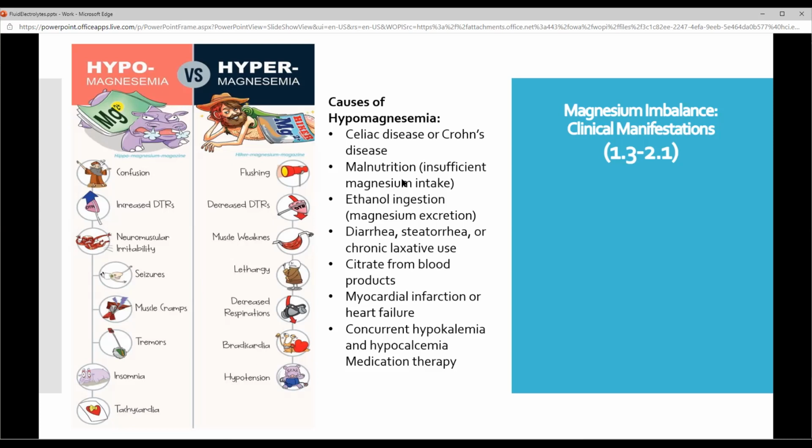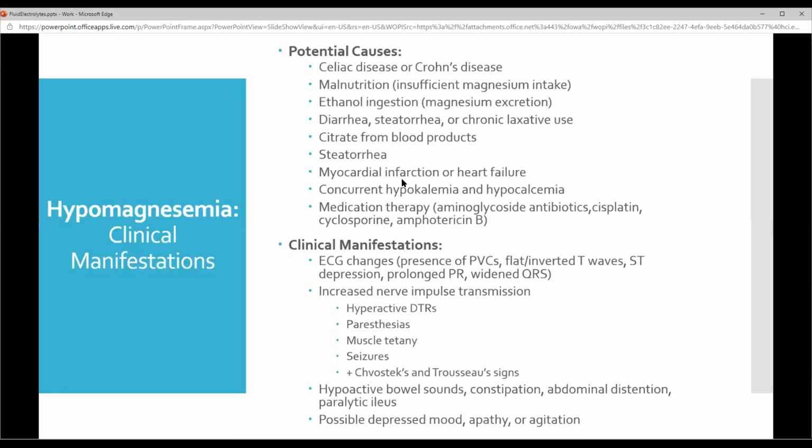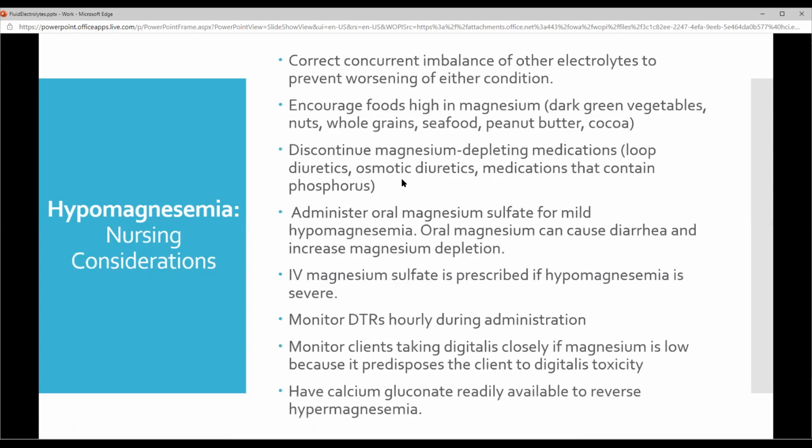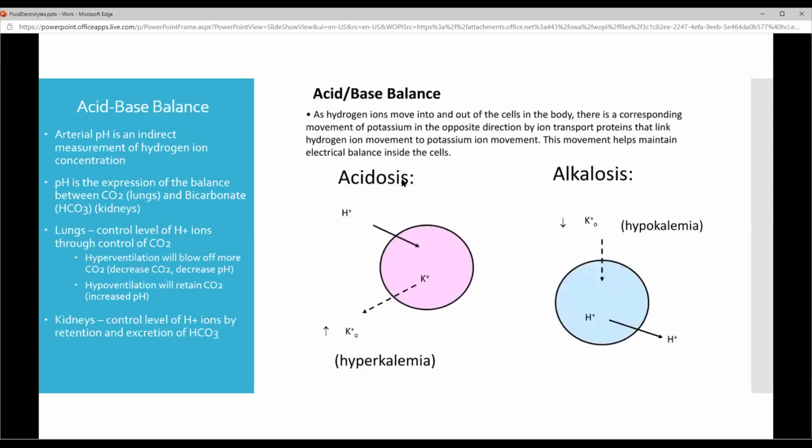You don't really need to worry too much about chloride and phosphorus. Again, potential causes, changes you're going to see. And I'm going to email you guys this. I'll do acid base next week because I want you to be able to get a break.